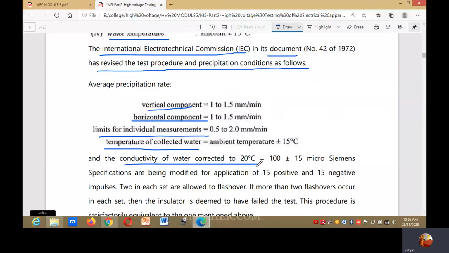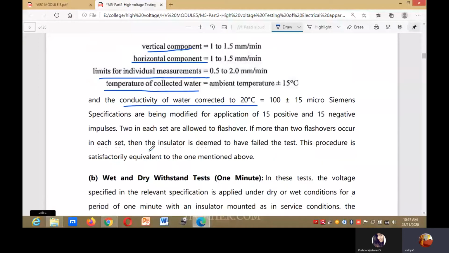Specifications are being modified for application of 15 positive and 15 negative impulses. Insulators should not absorb the water, so they will be tested like this. 2 flashovers in each set are allowed. If more than 2 flashovers occur in each set, the insulator is deemed to have failed the test.